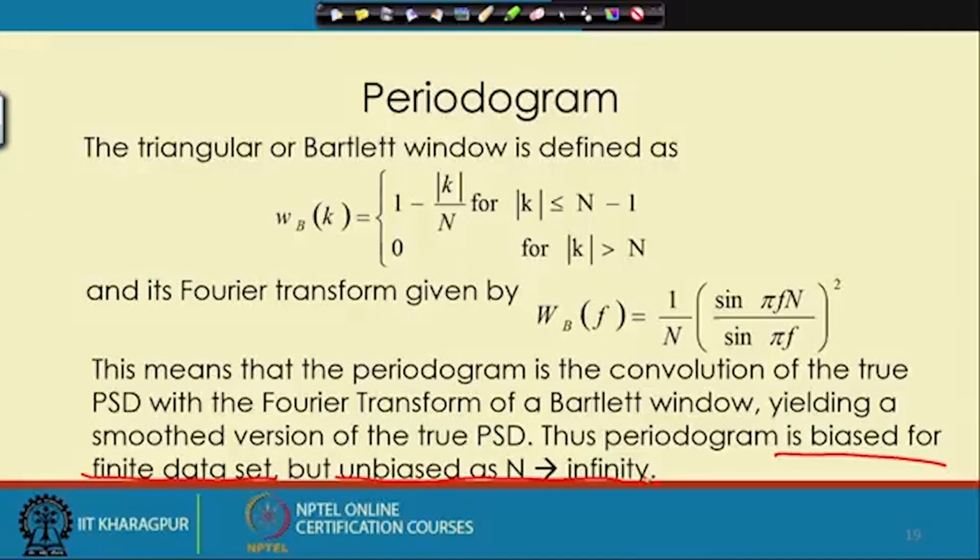So, starting from that point that we told that if we have infinite amount of data, whether the periodogram will give us that consistent estimate, or our results will converge to the true value, the answer so far is no if the data is finite, but it is yes if there is an infinite amount of data.